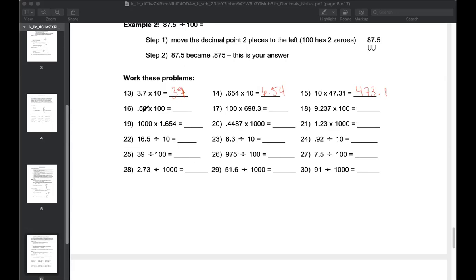Okay, so 16, 17, and 18 are for Antoinette. 19, 20, and 21 will be for Tashelle. 22, 23, and 24 for LaDeja. And 25, 26, and 27 for Jules. All right, you guys are not going to need a lot of time to do those, but I'll give you about 2 minutes.